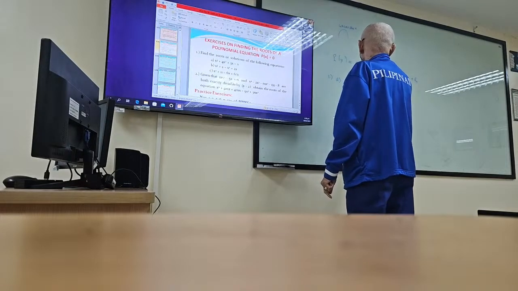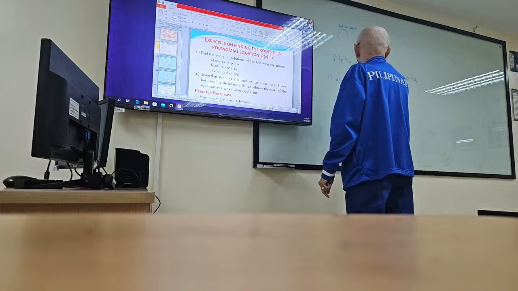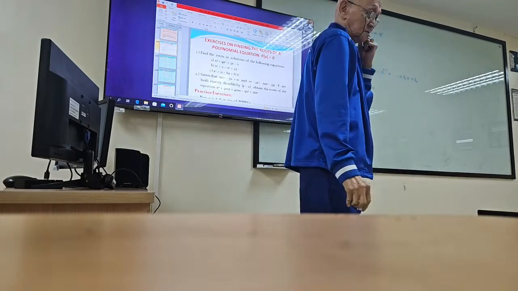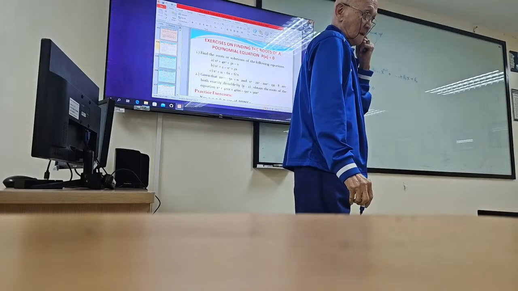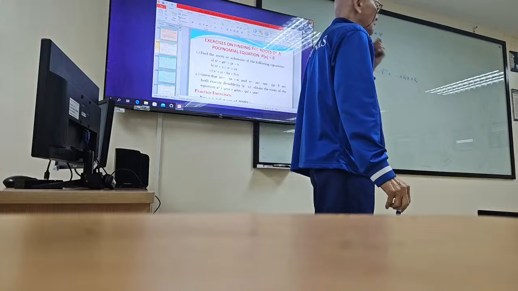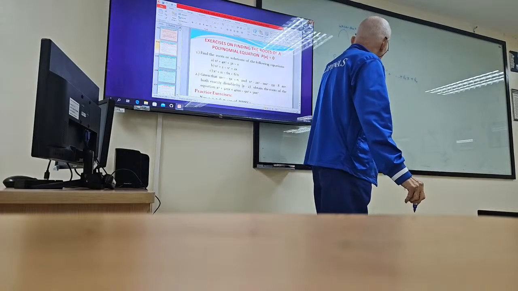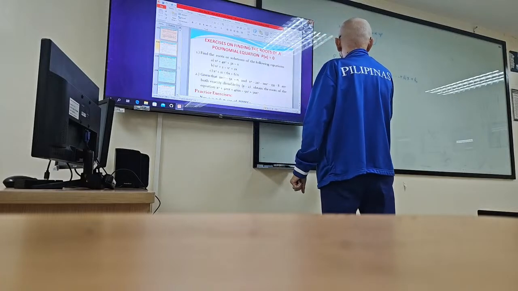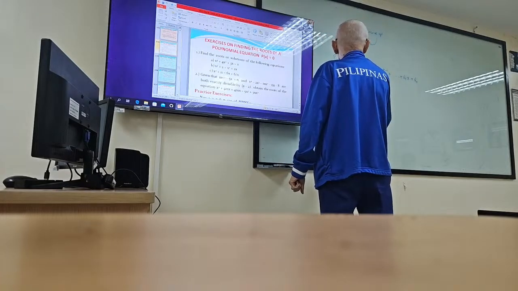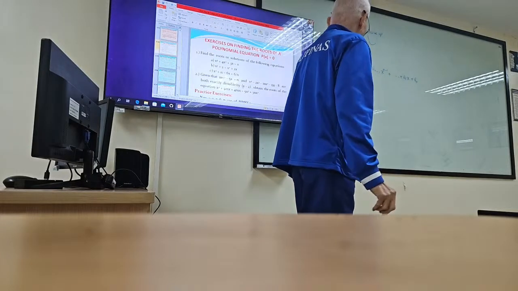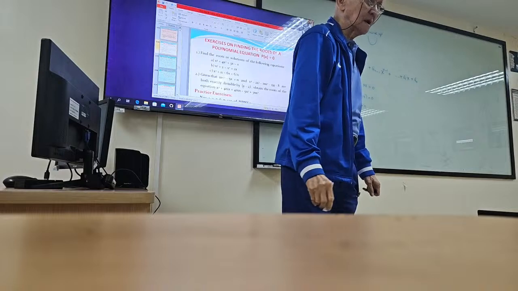So one root is x equals 0. What about the other two roots? Well, the other two roots can be obtained by equating this quantity here inside the parentheses to 0. So you have x squared plus 4x plus 3 equals 0, which is simply a quadratic equation.